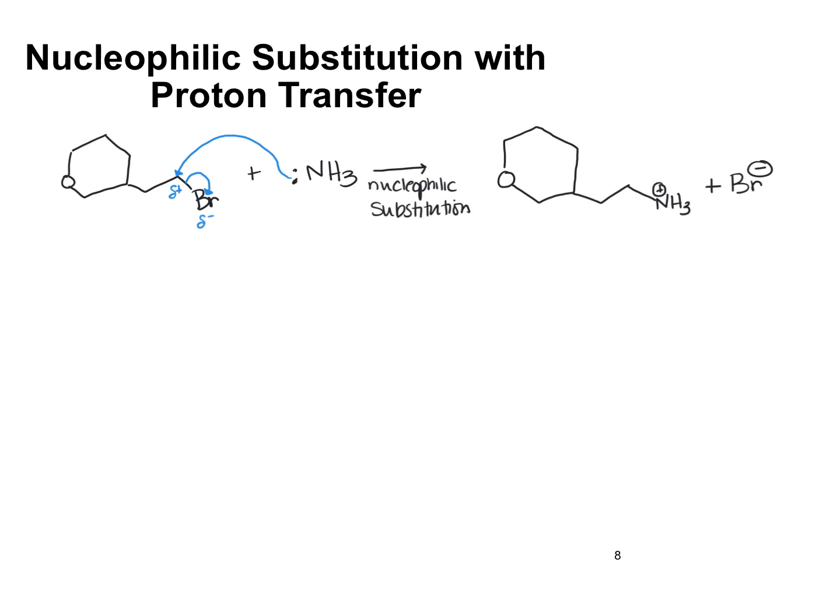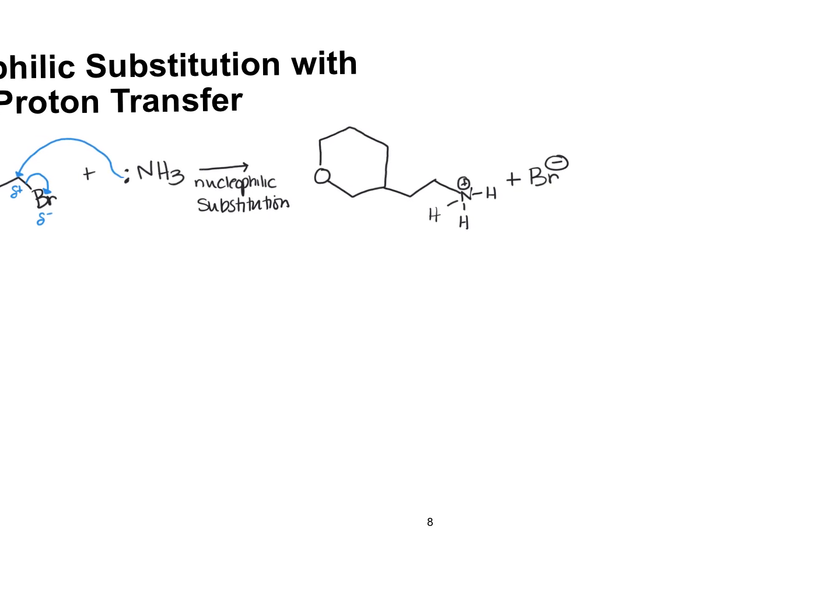Now, when that NH3 carries the positive charge like that, it's going to immediately go through a second reaction, a second step, because there's a positive charge with a proton on it. And so it's going to go through a proton transfer.